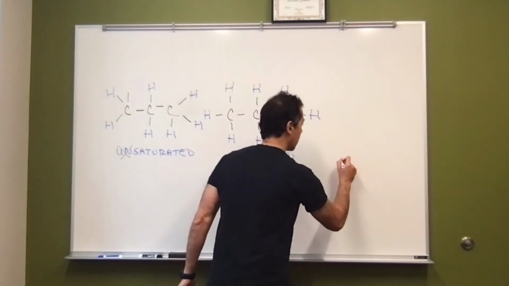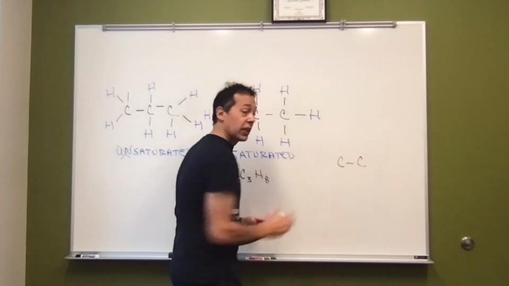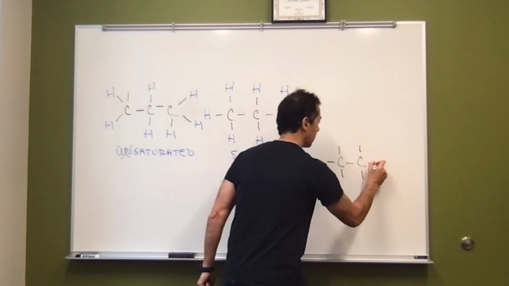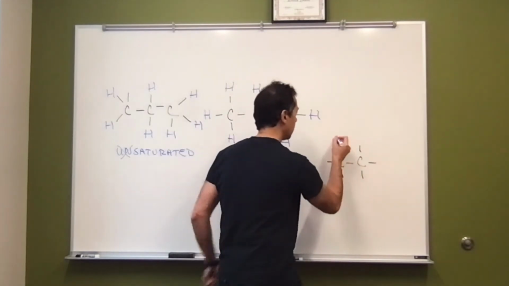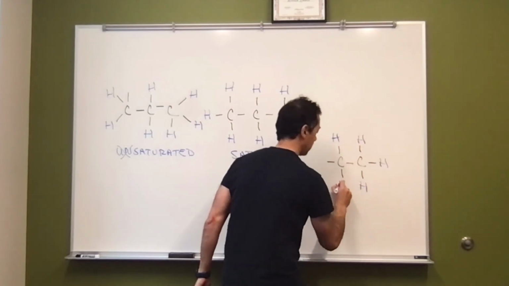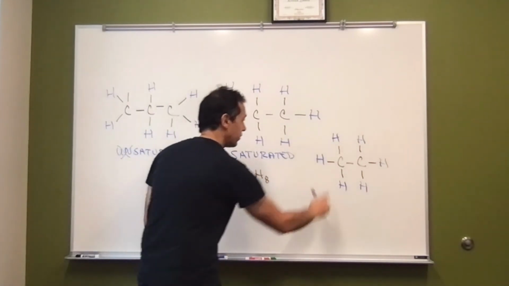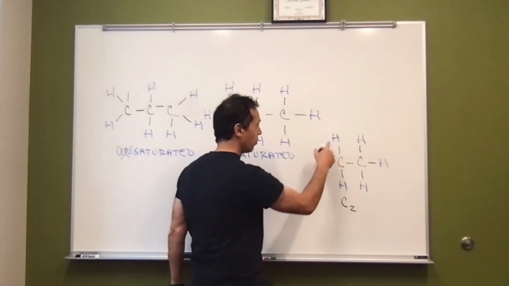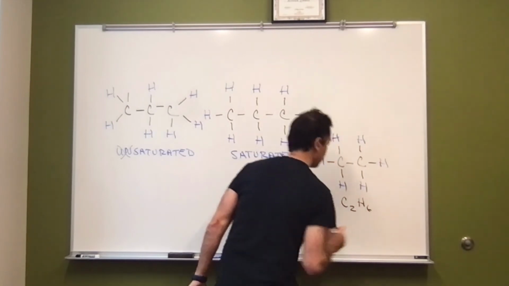So I'm going to go carbon, carbon, 2 carbons, and remember each of these like to have 4 bonds, so I'm going to go like this, like that. And I then fill that in with hydrogens. And then my formula for this, I have 2 carbons, so this becomes C2, and I've got 1, 2, 3, 4, 5, 6 hydrogens, so H6.